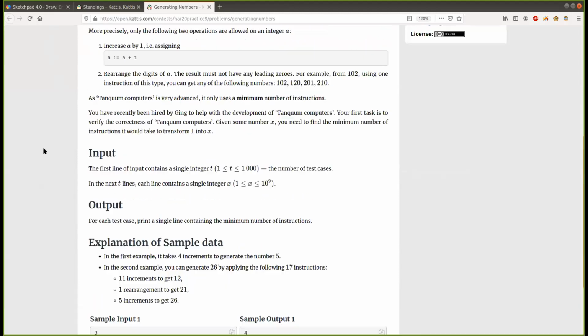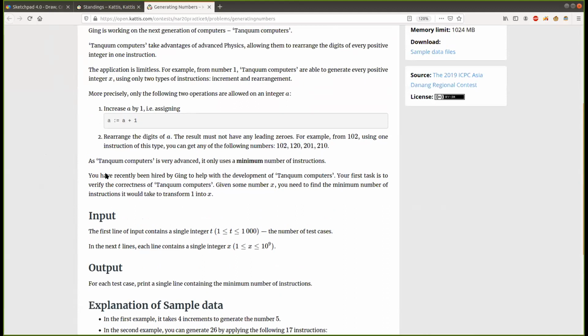So what I immediately realized is that we can think about reversing the problem, and I think it's more convenient to do. Given a number, we want to bring it down to 1 by the reverse of these operations, right?